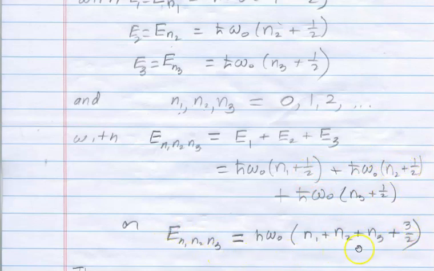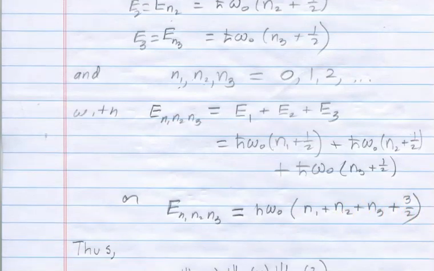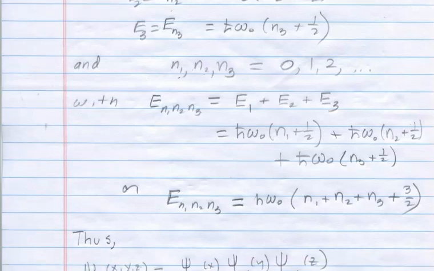So the energy levels for the isotropic simple harmonic oscillator in quantum mechanics turn into this expression. It depends on three quantum numbers, n1, n2, and n3.